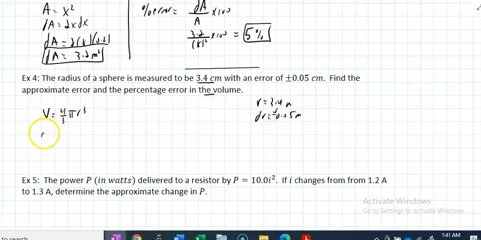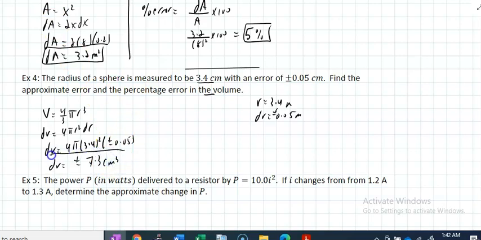Find the approximate error. dV is, bring the power down, subtract 1 from the power, dr. dV is 4 pi, the radius is 3.4 squared, dr is plus or minus 0.05. So the change in the volume approximately is plus or minus 7.3 centimeters cubed.